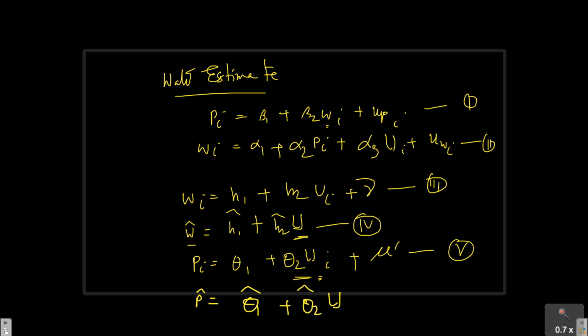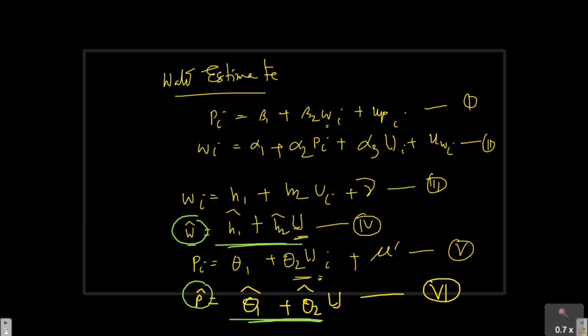So my error term is gone. Let's say this is equation 6, a fitted equation. Now look at equation 6 and my equation 4. In equation 4, I have estimated my endogenous variable W, and in equation 6, I have estimated the dependent variable that I wanted to understand the relationship with the independent variables. So this is the price rate.